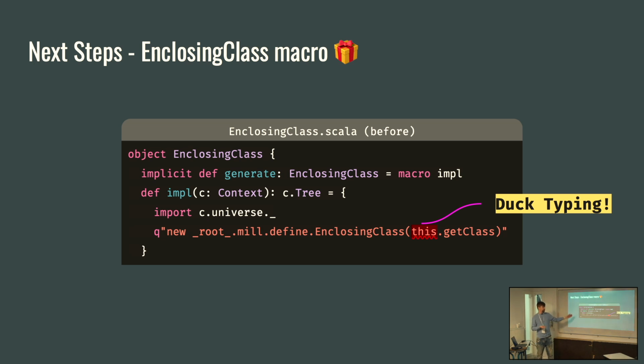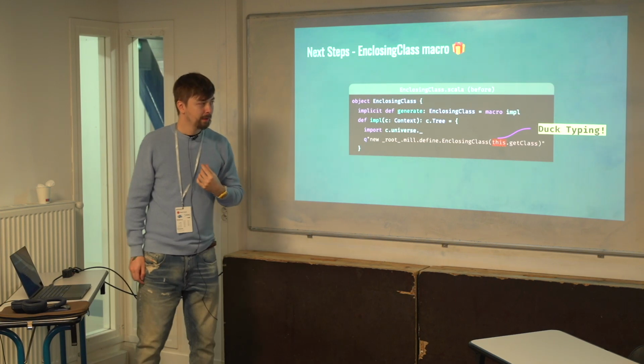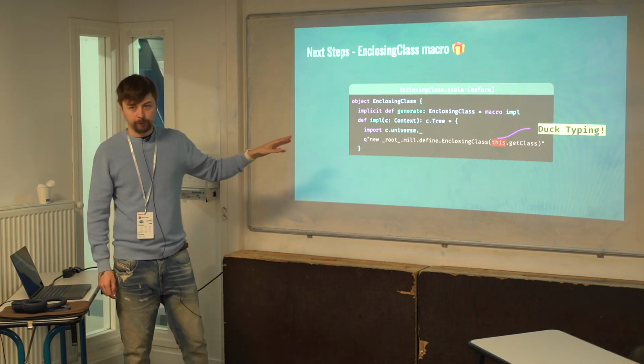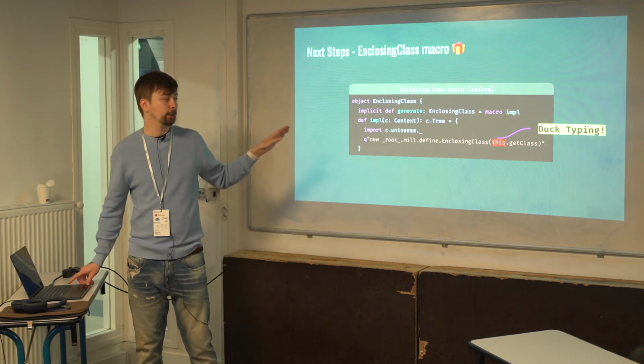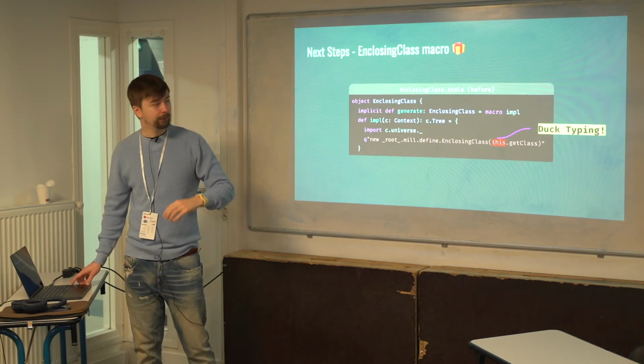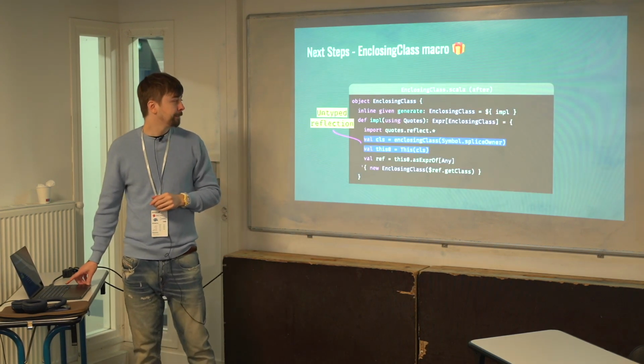But if you try and convert this to quotes and splices, it tries to resolve this, and it will actually be this object here, the definition of the macro. So we have to get rid of this ugly duck typing. I mean, it looks beautiful, but it doesn't work in Scala 3.